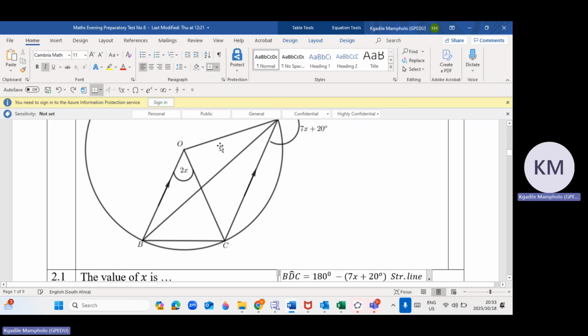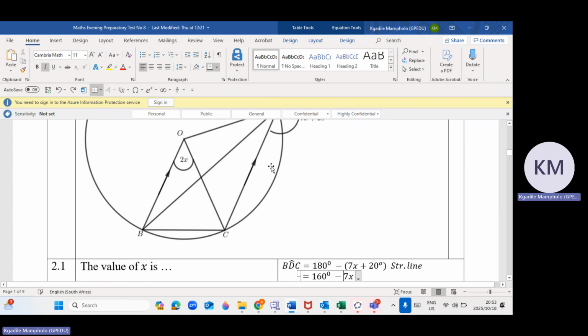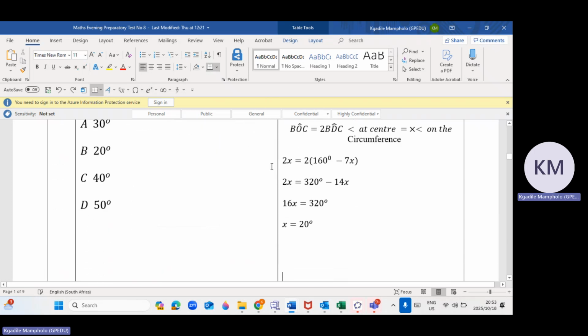Why is it 40? These are the angles opposite equal sides, because OD is the radius and OC is the radius, and radii of the same circle are equal. Now, if these two are 40, 40, then the third angle will be 180 minus 40 minus 40, which is 100 degrees.